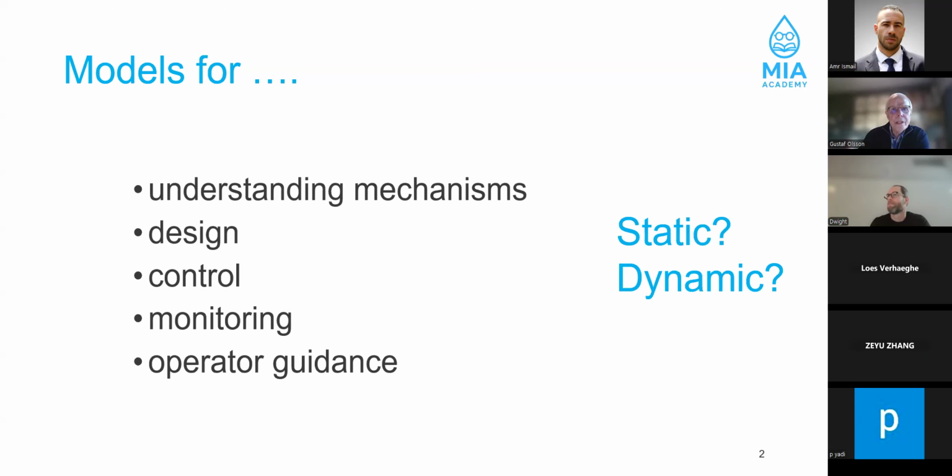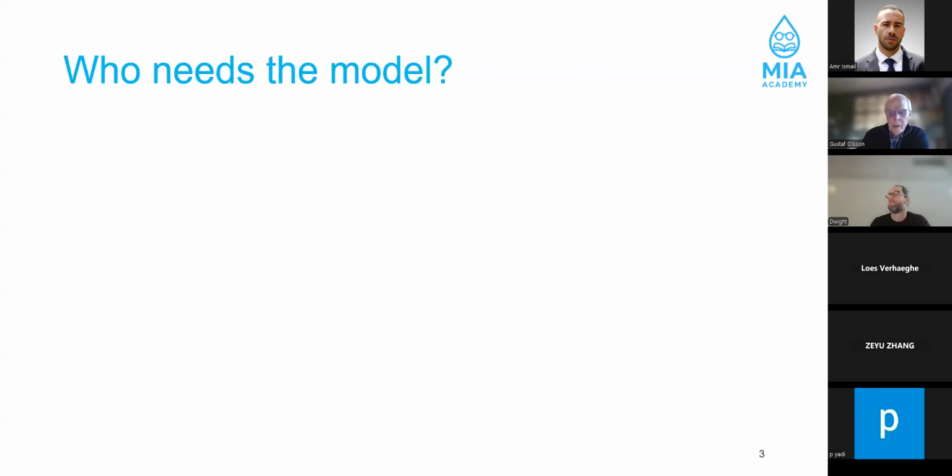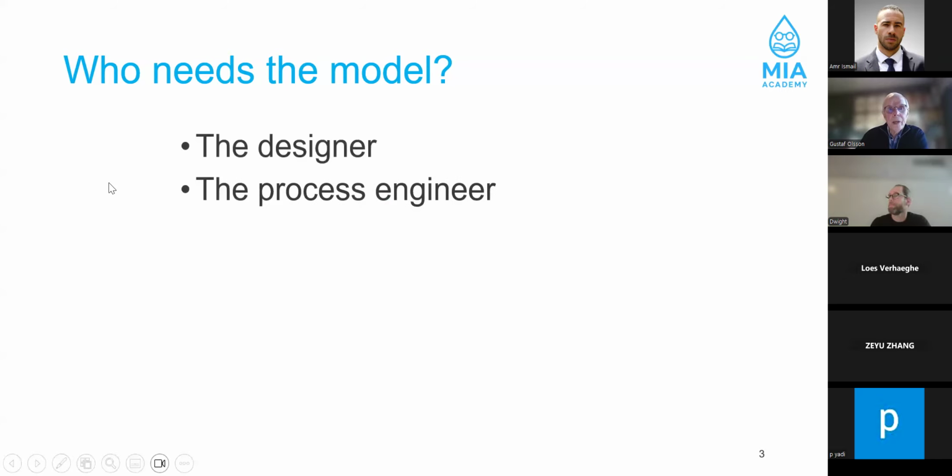And who needs the model? Well, first of all, let's see how the designer would like to have a model. That model, of course, has to give sufficient information to design reactors, settlers, and so on and so forth.